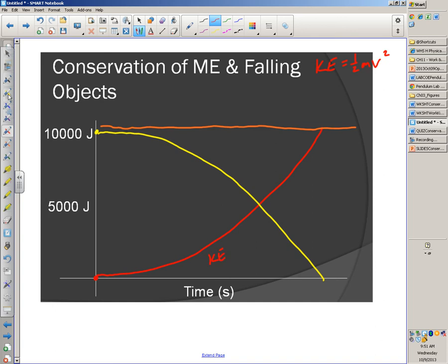The yellow line is representing PEG, gravitational potential energy. And then our orange line is representing the total amount of mechanical energy. Does that make sense for this lady as she falls down to the ground? We okay with that? Kinetic energy goes up, potential energy goes down, mechanical energy stays the same.